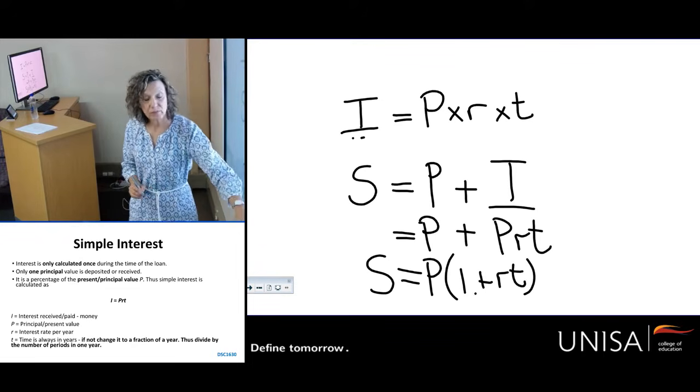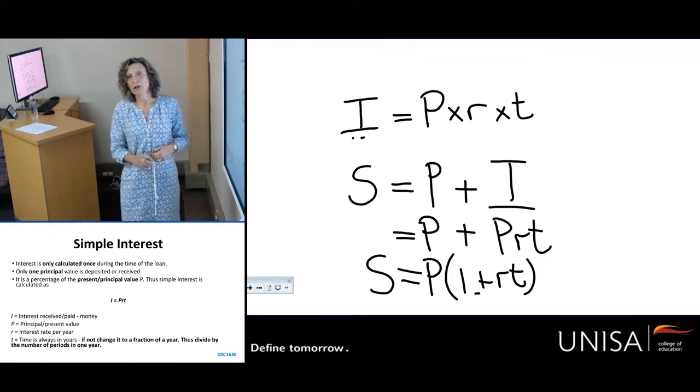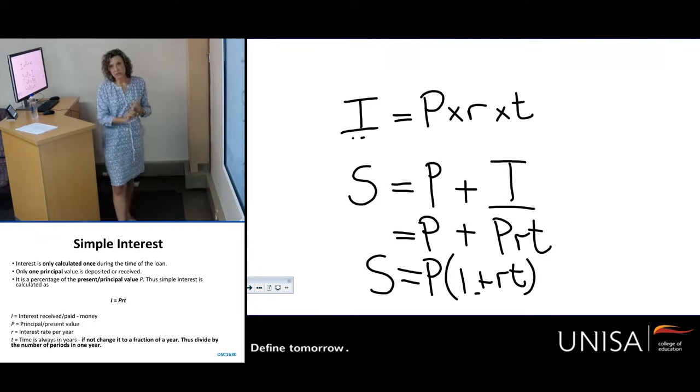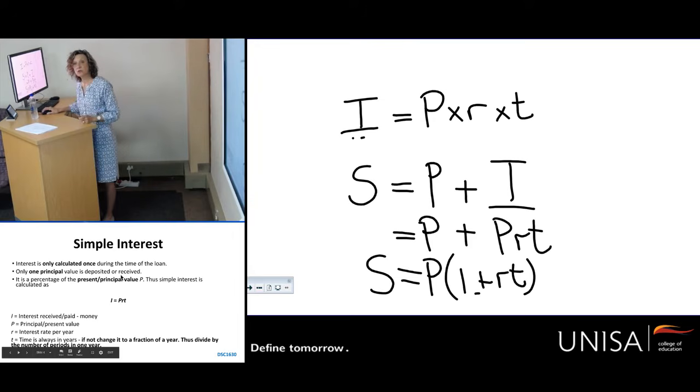And that is how simple interest is calculated. So we've only got one principal value that we deposit or receive, and interest is a percentage of the present principal value P.